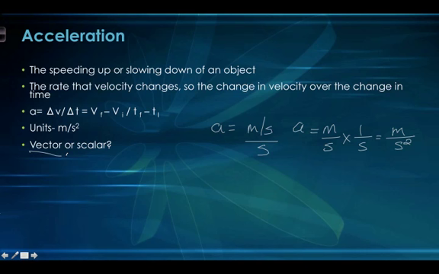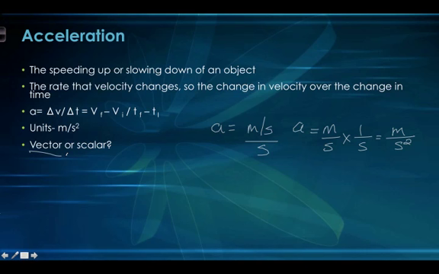Usually what you'll see is that if you have a positive acceleration, you're speeding up, and if you have a negative acceleration, you're slowing down. You will see some cases, though, where you have a negative acceleration and you're speeding up.